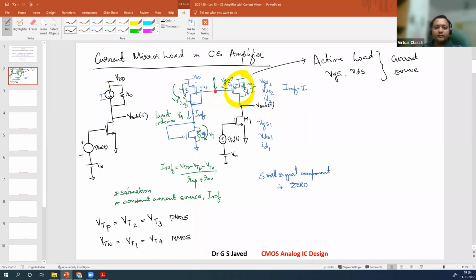What do we look into? How is this important? We will see. What is the importance here? Gate to source is a DC value, right? The gate to source is a DC value.